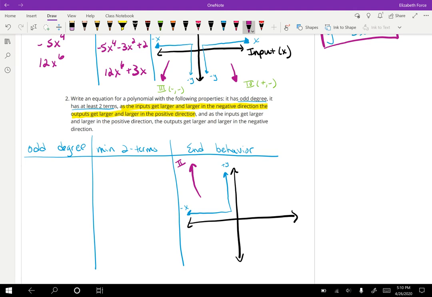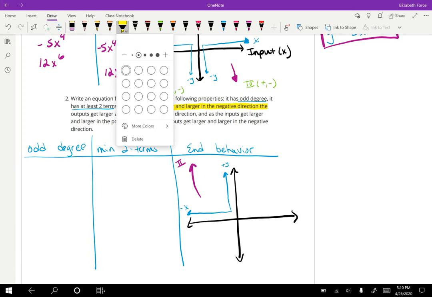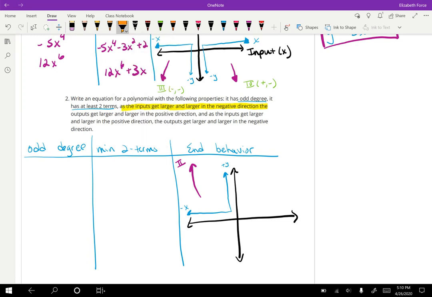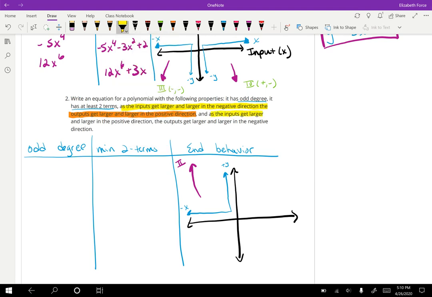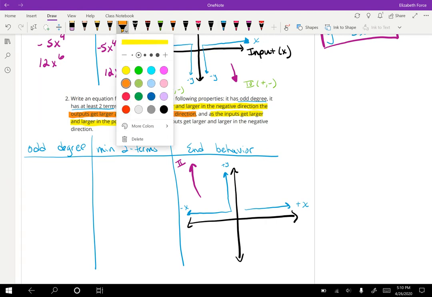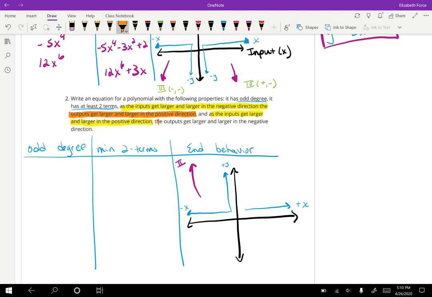As the inputs get larger and larger, I'm actually going to erase that, keep the colors a little bit different there. So that's talking about inputs, that's talking about outputs. So as the inputs get larger and larger in the positive direction, the outputs, the y's, get larger and larger in the negative.